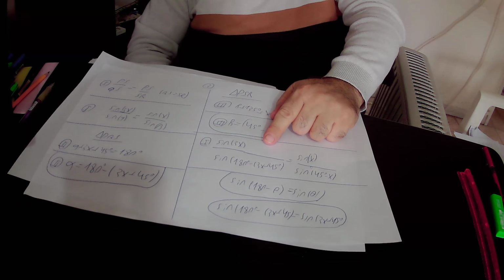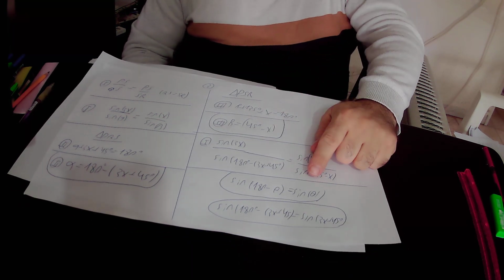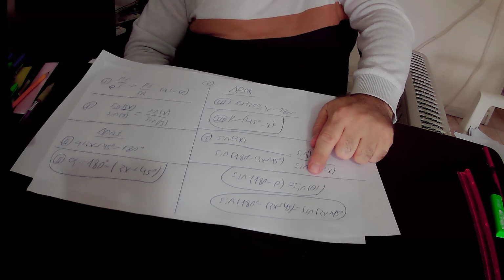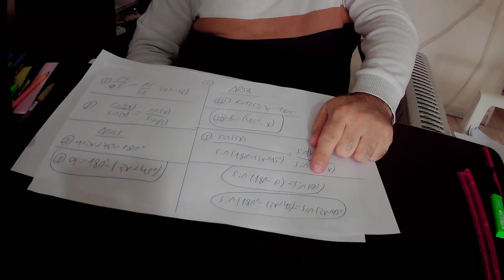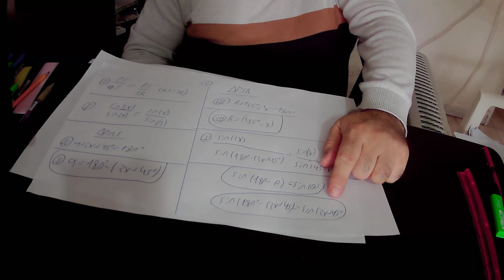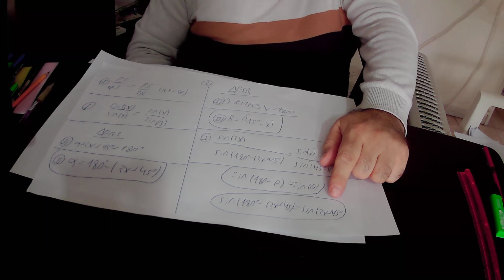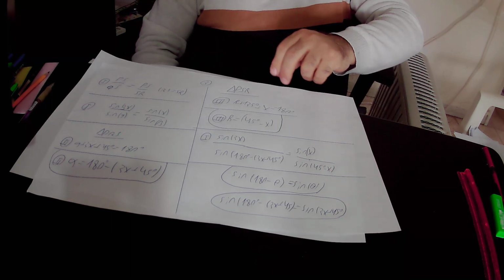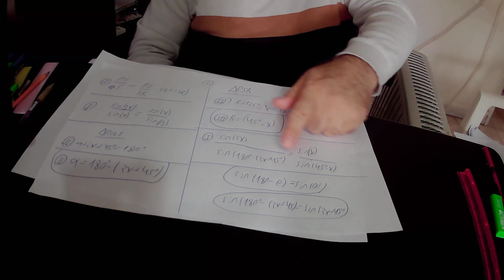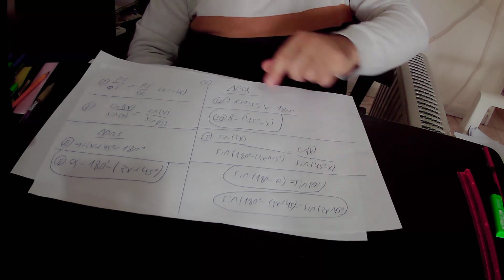Here we have the trigonometric identity that sine of (180 degrees minus theta) equals sine theta. According to this identity, sine of (180 degrees minus (3x plus 45 degrees)) equals sine of (3x plus 45 degrees), so we can change this expression to sine (3x plus 45 degrees).